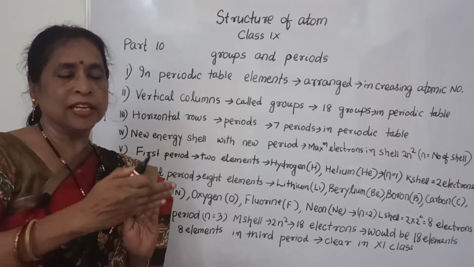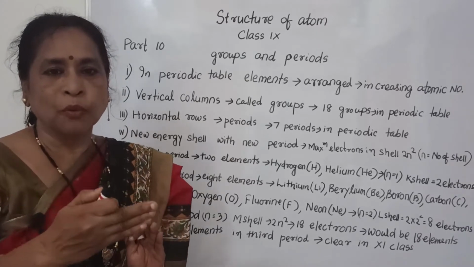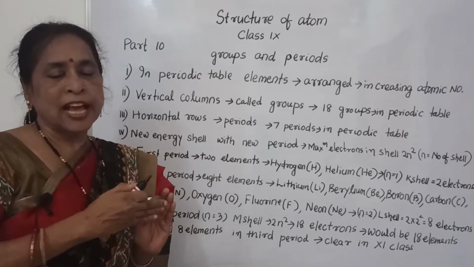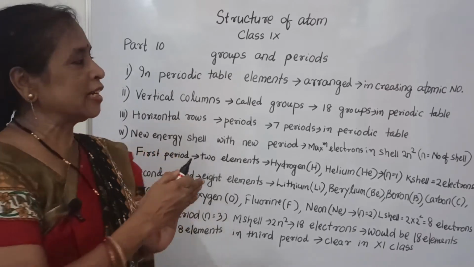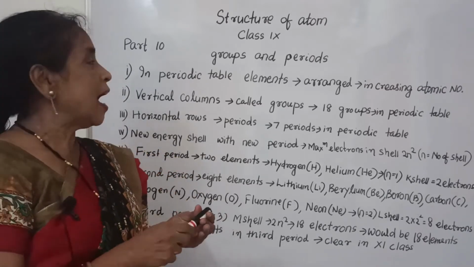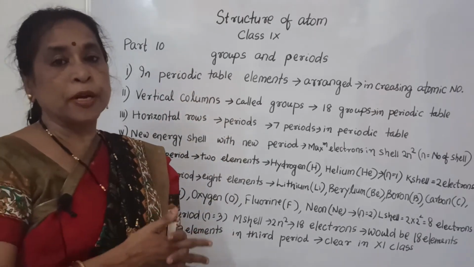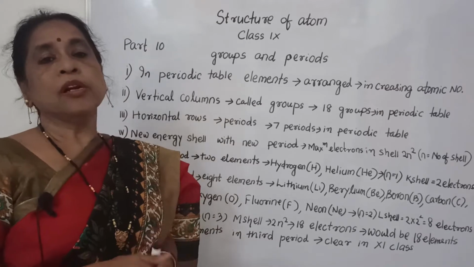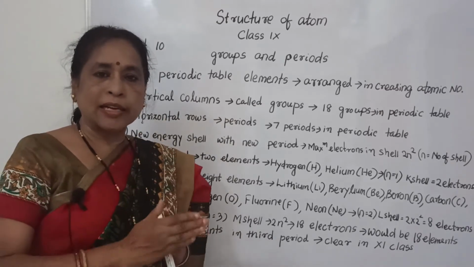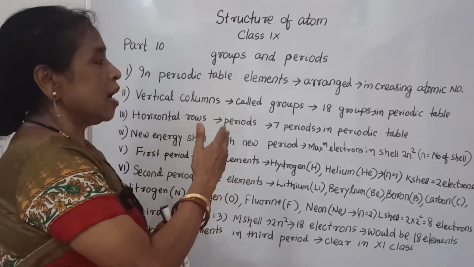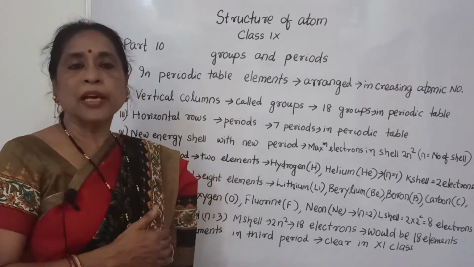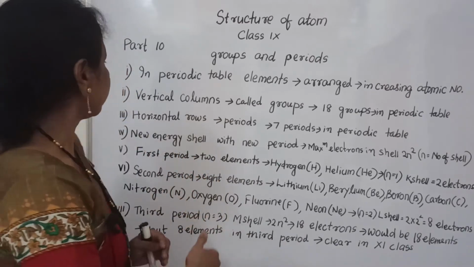Serially 1, 2, 3, 4, like this, the elements are arranged by increasing atomic number, and that is the main aim of the periodic table. What do you mean by periodic table? In the periodic table, the elements are arranged according to the increasing atomic number one by one.